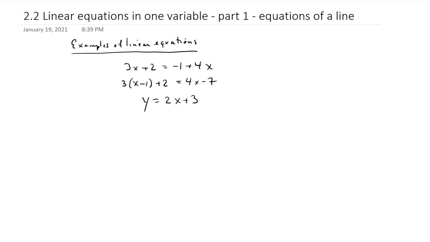This is one that you'll recognize from maybe the previous video. The difference between this one and the previous two is that here you have two variables. You've got x and y. So I'd be able actually to sketch the graph of this equation in the Cartesian plane. Here's another one.